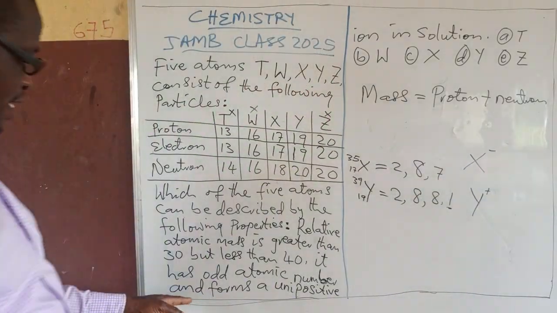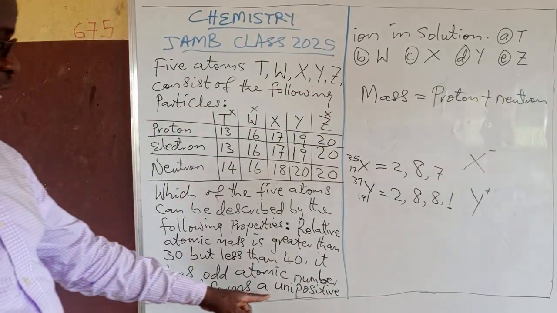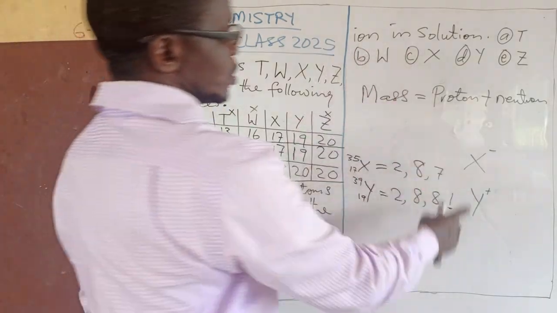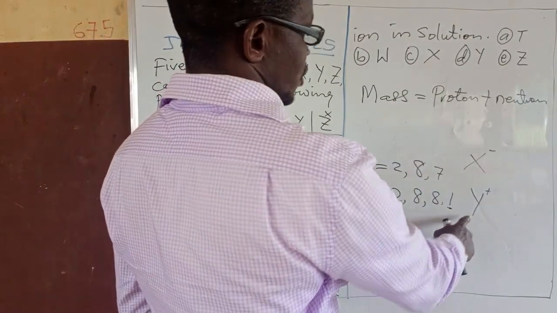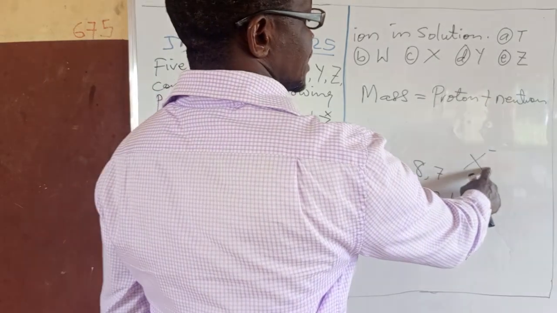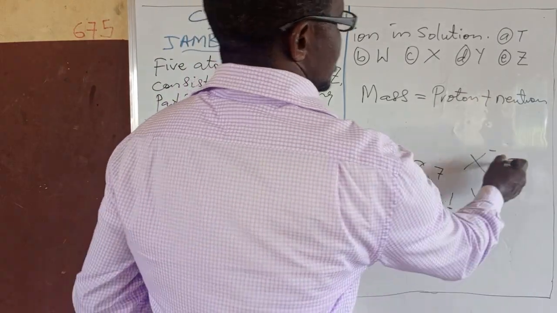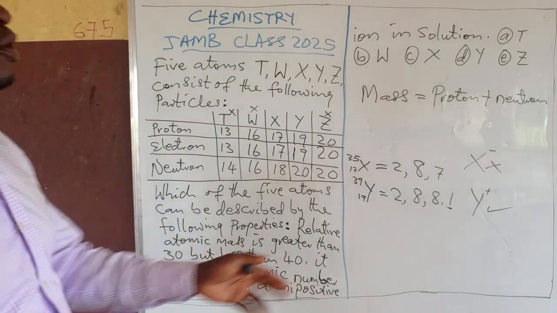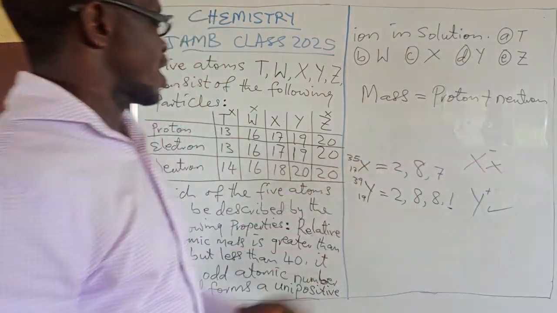So now what did they say here? They said forms a uni. Uni means one positive ion. This is one positive ion and this is one negative ion. So this is wrong and this is correct. One positive ion, not one negative ion.